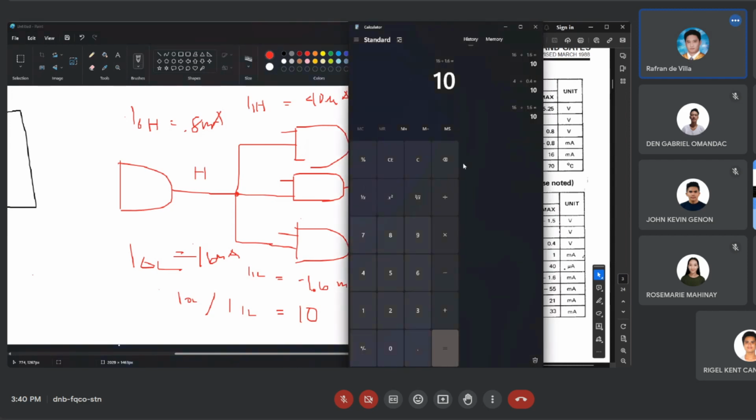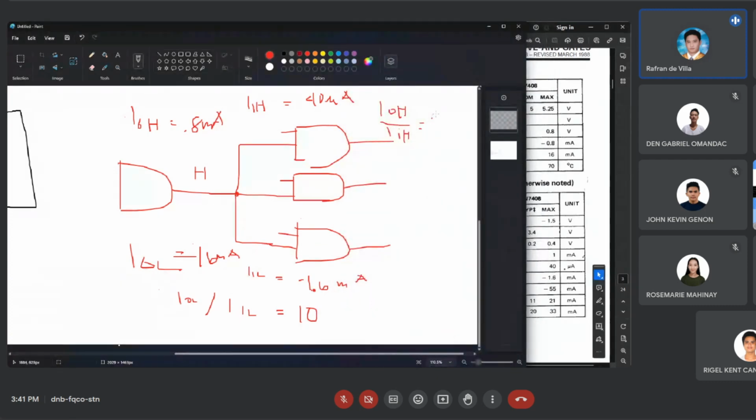That would be 0.8 milliamps, or 800 microamperes, divided by 40 microamperes, which gives you 20. Okay? So as you can see, more AND gate inputs can be controlled if the signal is high. If the output is high, it can control 20 gates, but if the output is low, it can only control 10. So we have two values.